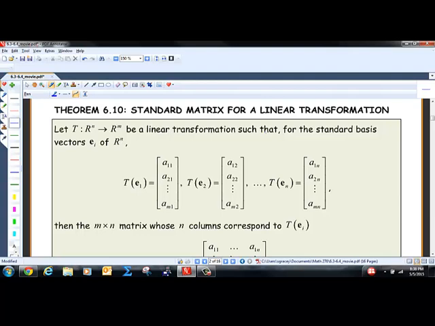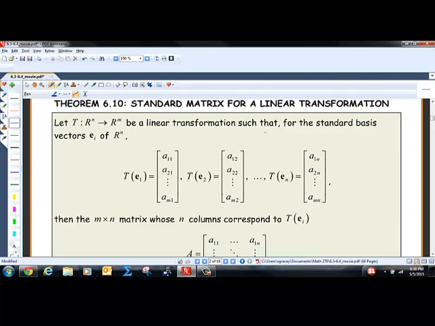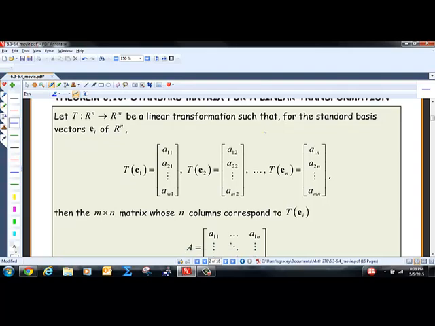Now we get to the standard matrix for a linear transformation. We have a linear transformation from Rn to Rm, and for our standard basis vectors ei of Rn, this is what we would get from our linear transformation. So you basically are going to get these coordinates.